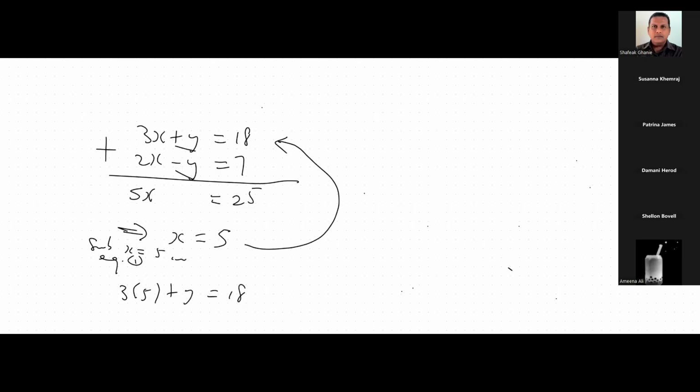And you can see that y is going to be 3. This was very, very simple in that the coefficient of y in both of these equations lends itself to an easy solution. In this case, you add them and it works out nicely.